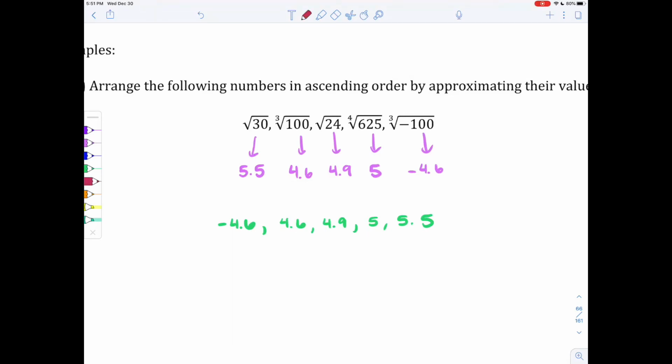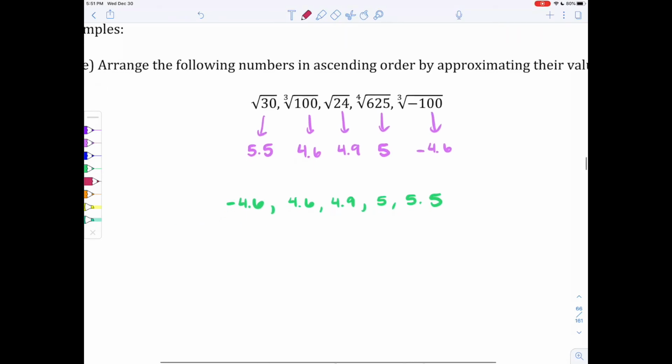The question didn't ask us to order the approximations. The question asked us to order the following values, these guys, from least to greatest. So realistically, the step is optional here. I like to do it because it helps my brain put things in proper order. But I'm now going to write the final answer.